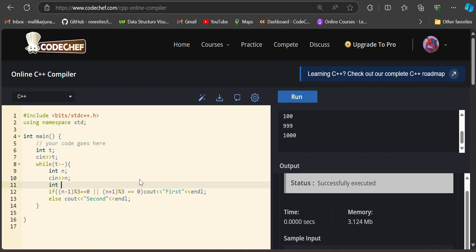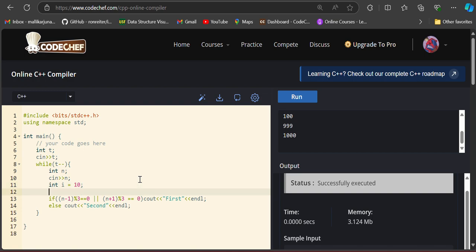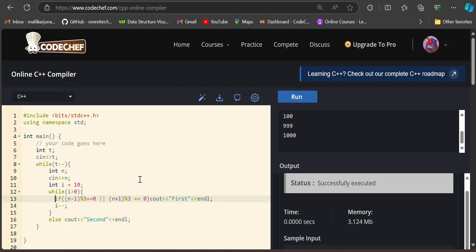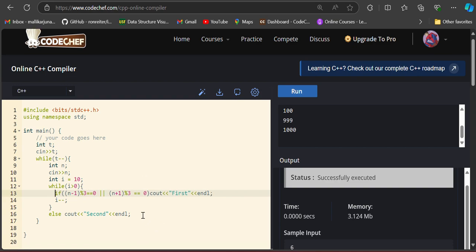So let me say we have an iterator like i equal to 10, and while i greater than 0, so 10, 9, 8, 7, 6, and i minus minus. Okay, cool.